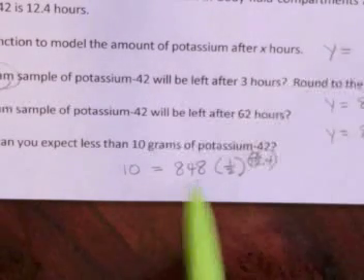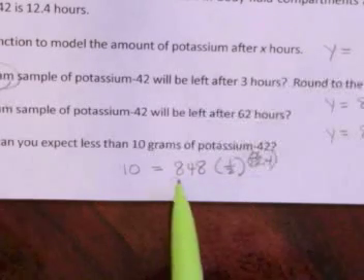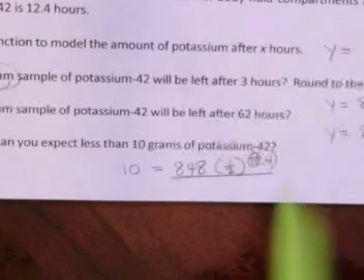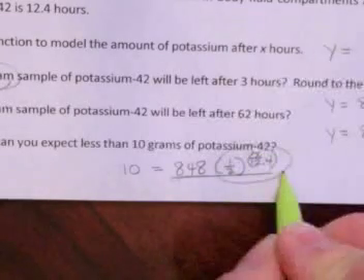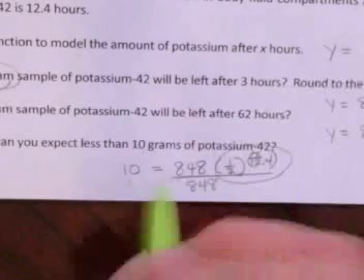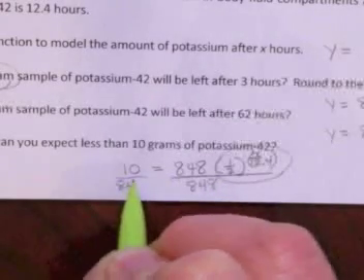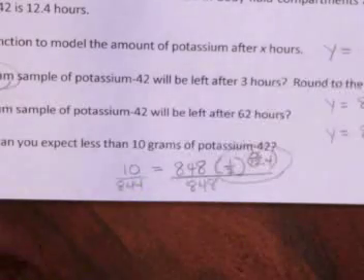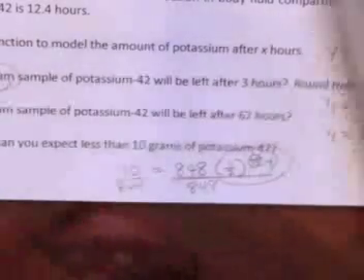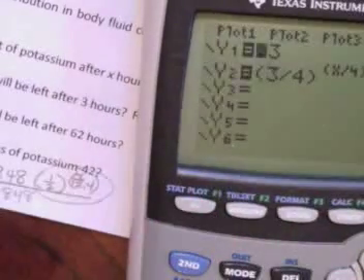And historically I've been dividing both sides by 848, or by the amount, to isolate this term. So I'm going to go ahead and be consistent and do that again. And on the left side I get 10 divided by 848. So let's put this into our calculator. Let me get this over here so you can see what I'm doing.